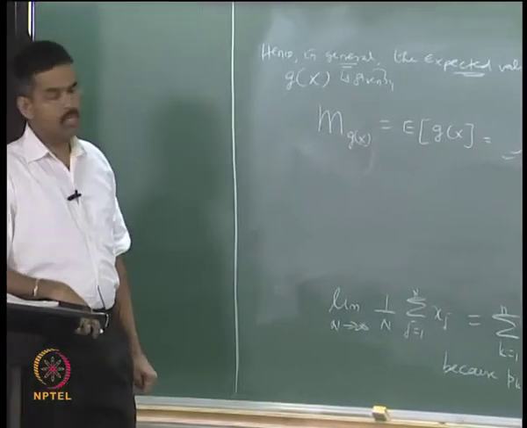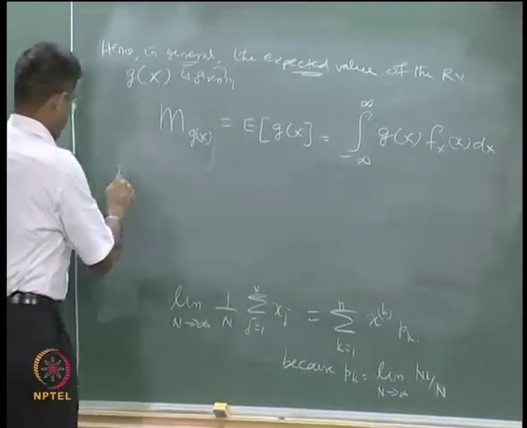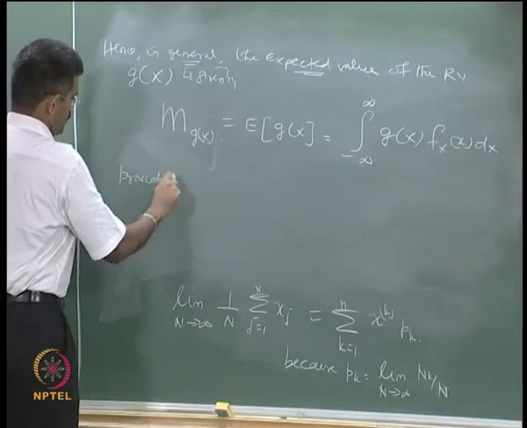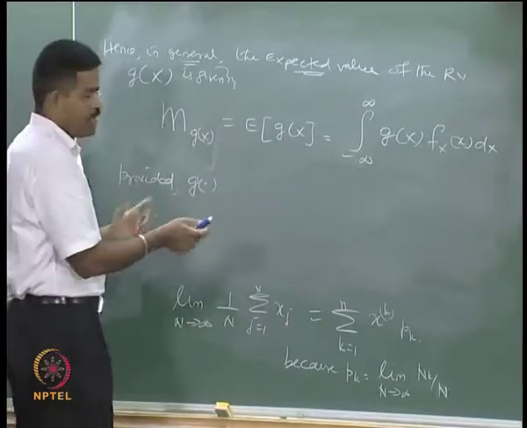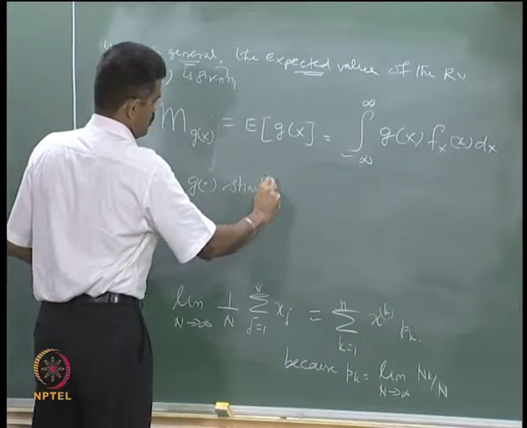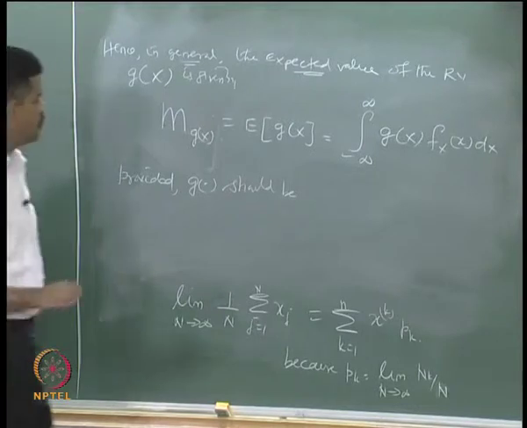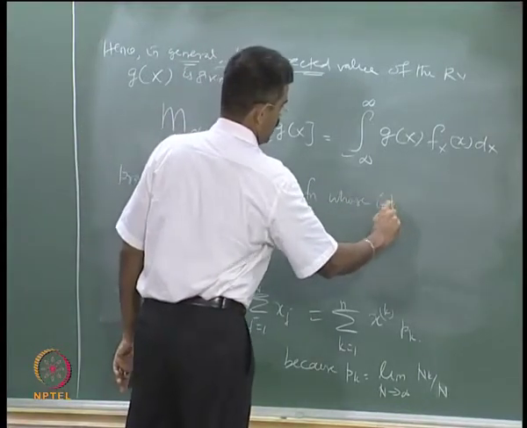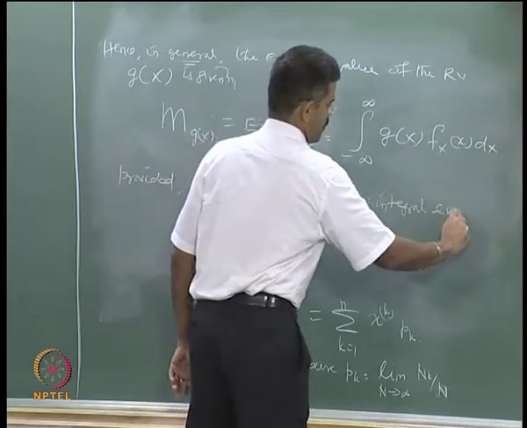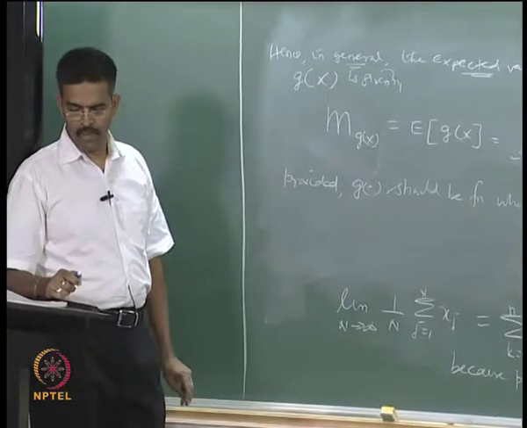Now, the question is what would be this function g of x? First, provided interestingly and mathematically, g of x or g of any variable should be a function whose integral exists, okay, that is very interesting, otherwise you cannot find out the mean value.